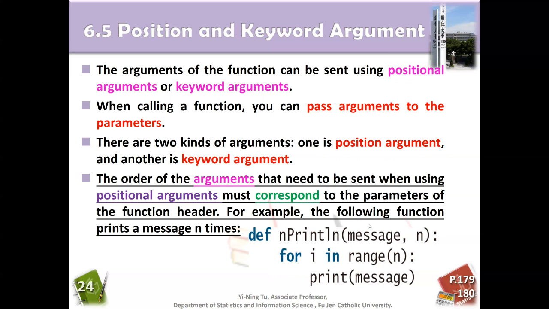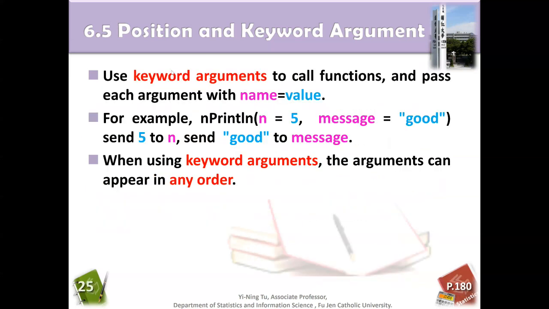By default it goes in order: the first parameter you give is the message and the other is n, right? But if you use keyword arguments, it will be very clear, because the function will assign five to n, good to message.